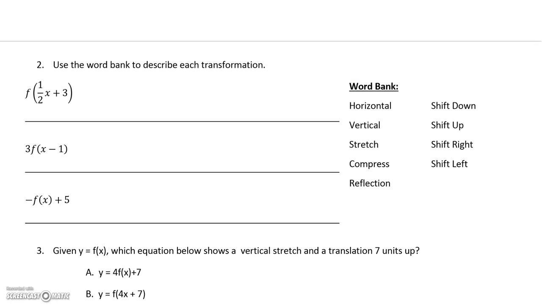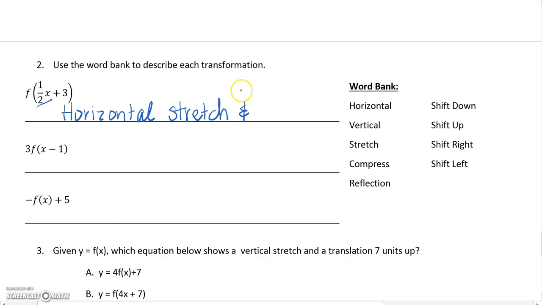This one, use the word bank to describe each transformation. So if you have 1/2 x, since anything inside the parentheses is horizontal, and since it's between 0 and 1 on the board, it will tell you it is a stretch.